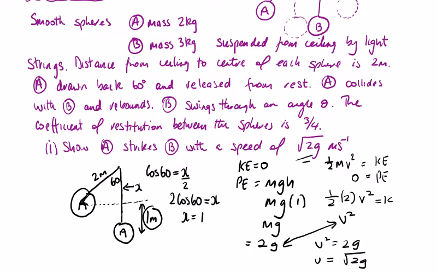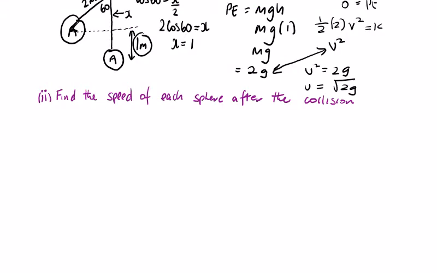In part 2, we're asked to find the speed of each sphere after collision. So the speed of each is v1 and v2. We're going to use the principle of conservation of momentum: m1u1 plus m2u2 is equal to m1v1 plus m2v2.